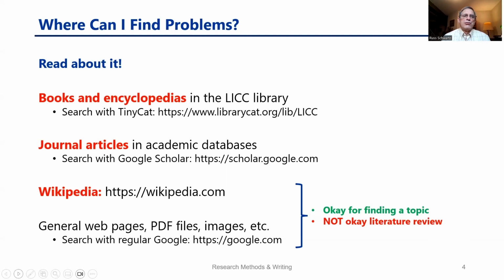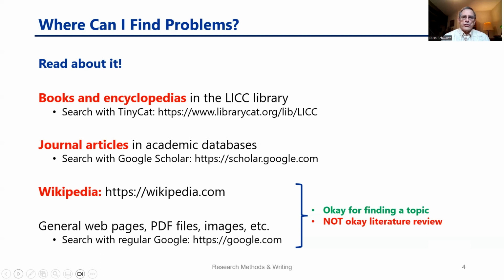You can look for books and encyclopedias in the LICC library. And the URL right below that is for our library's online catalog. So before you actually go to the library, you could sit at home and find out what books are in our library.